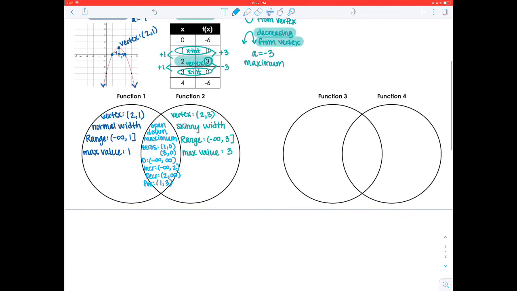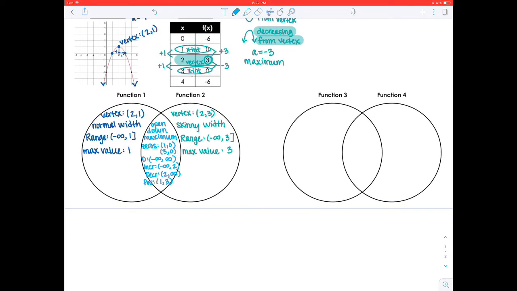Now our negative, just gonna draw an arrow here since we kind of ran out of room. These two have a lot in common. Our negative happens in two places. It's below the x-axis, that little bottom leg on the left, and then again on the right after it crosses the x-axis again.